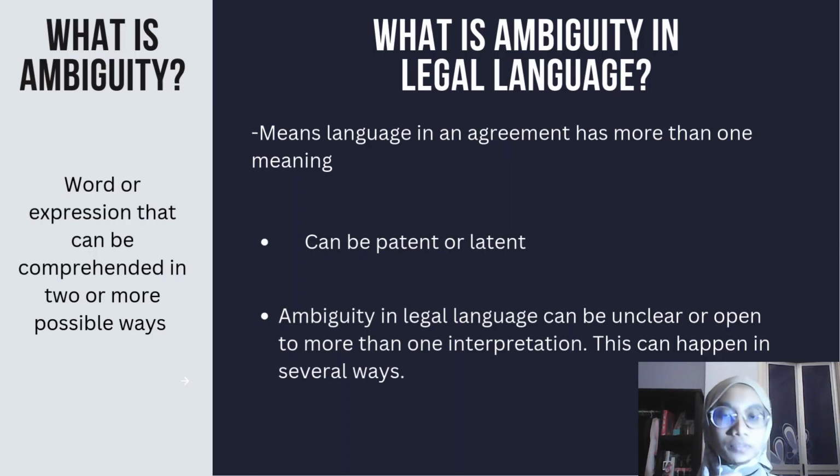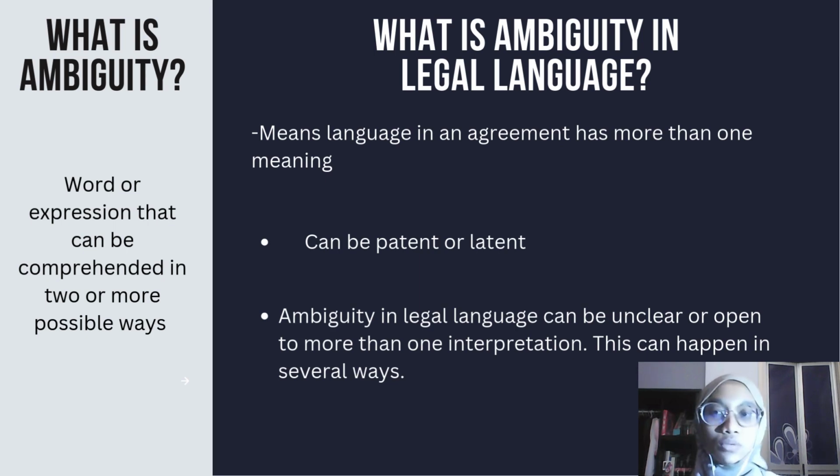In general terms, ambiguity is a word or expression that can be comprehended in two or more possible ways. Meanwhile, ambiguity in legal language means language in an agreement has more than one meaning. In cases where a contract appears ambiguous, the courts may use extrinsic evidence to ascertain the party's original purpose and to interpret the language used in the agreement. Ambiguity in legal language can also be patent or latent.